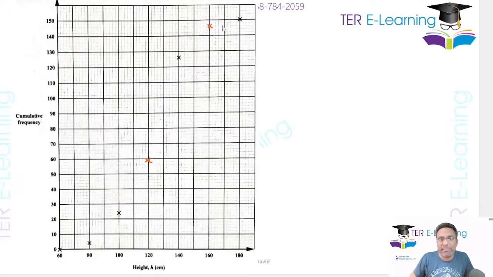And they want us to complete a cumulative frequency curve. So it's kind of hard for me to draw it here, so I use my fancy tools.